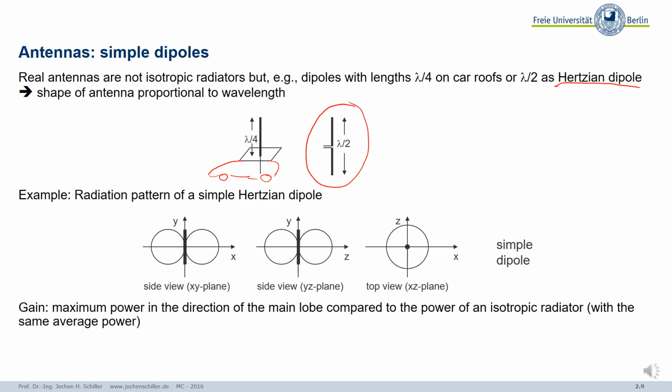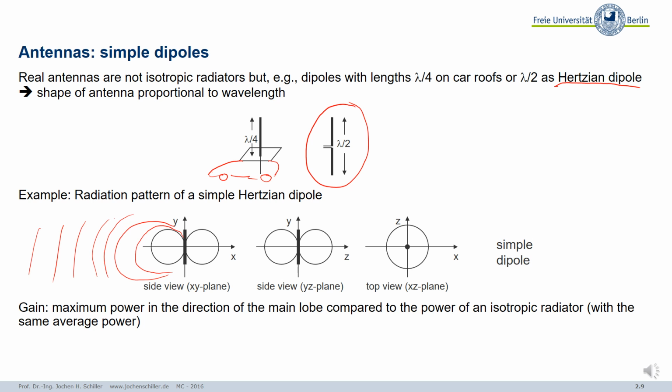And if you look at the radiation pattern of this simple Hertzian dipole, you see, oh, there are more of these donut-shaped things. So if you look at the antennas, the wavefronts are not the same in all directions, but more or less you emit wavefronts like this, and the further away you are, then they are more like these wavefronts here.